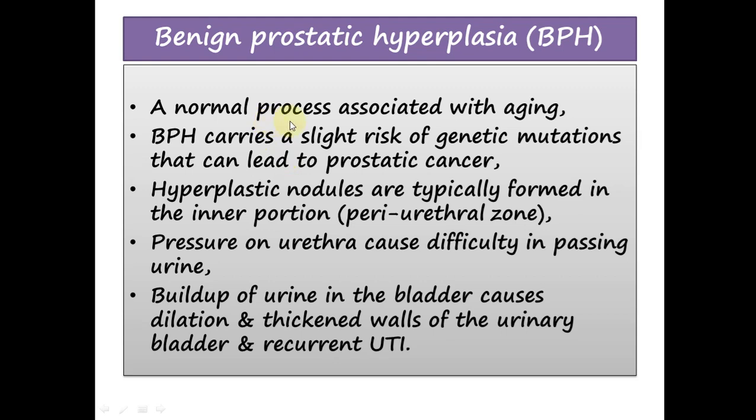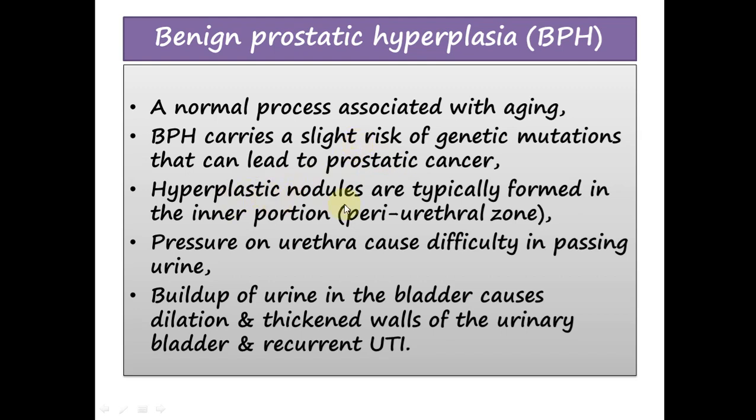Benign prostatic hypertrophy, we can say, is a normal process and it is associated with aging. Though it carries a slight risk of genetic mutation that may lead to carcinoma of the prostate, this risk is comparatively later.